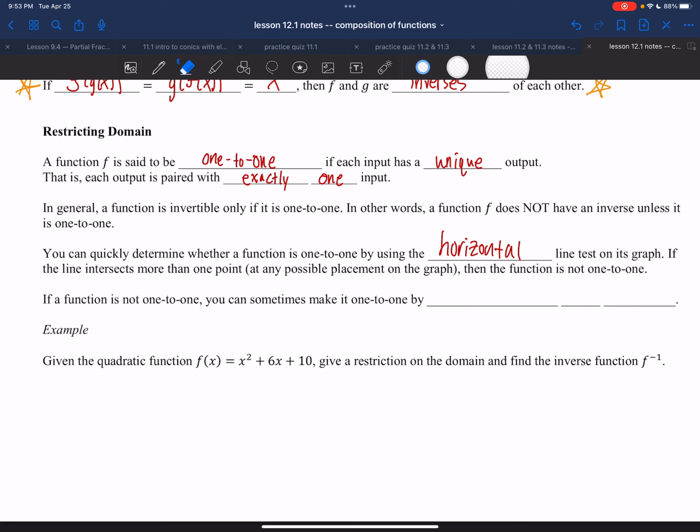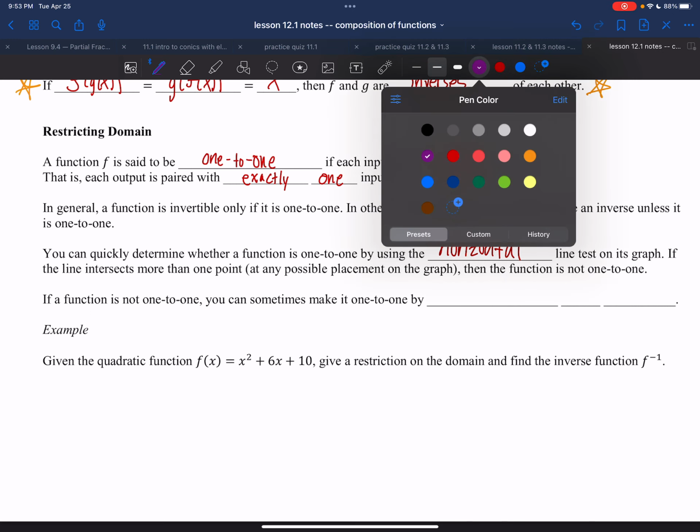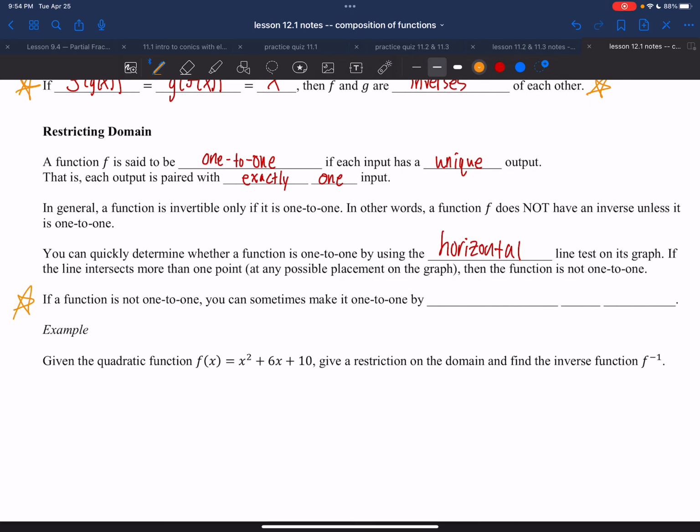Unless, and this is the important part, star. If a function is not 1-to-1, sometimes you can make it 1-to-1 if you choose to restrict the domain. So, what the heck does that mean?